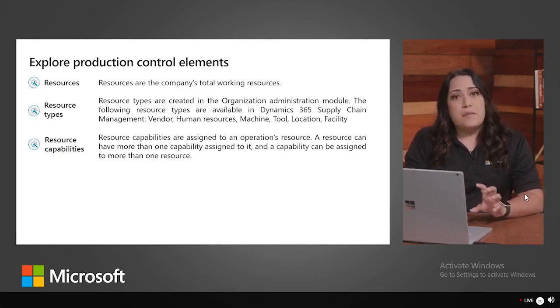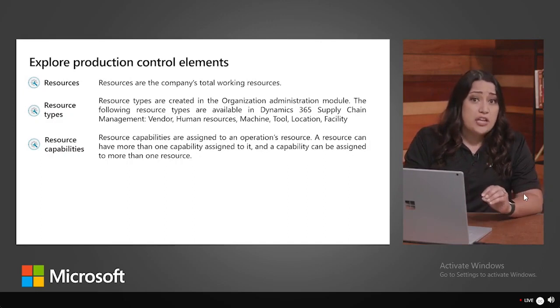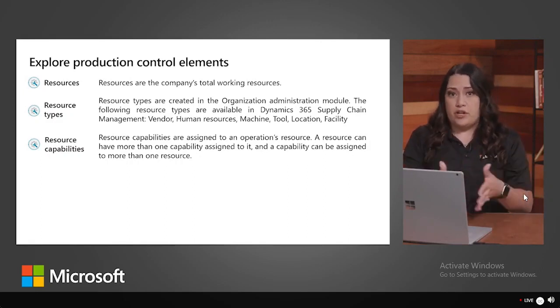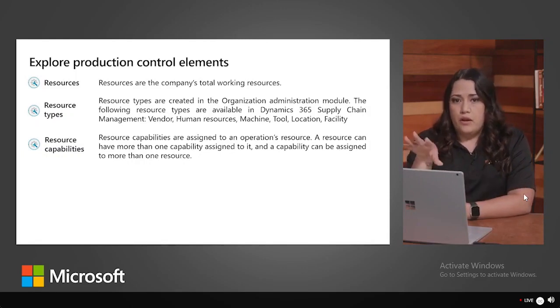So the Dynamics 365 Supply Chain Production Control Module allows your manufacturing facility to change production orders so they're streamlined to your specific production requirements. But before we start creating a production order in the system, let's actually discuss a few of those different elements.